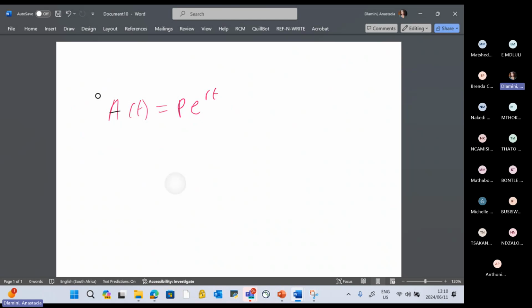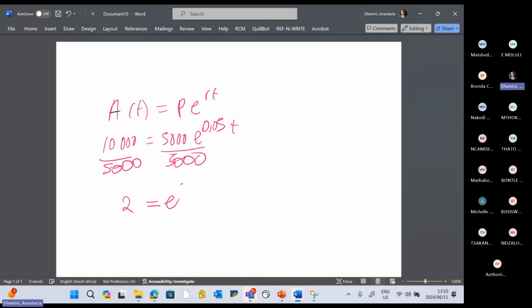Now we know that A is 10,000, and we know P is 5,000, and we know r is 0.05 times t. So we are looking for t, right? So here we divide by 5,000, here we divide by 5,000, and then we end up with 2 is equal to e to the power of 0.05t.